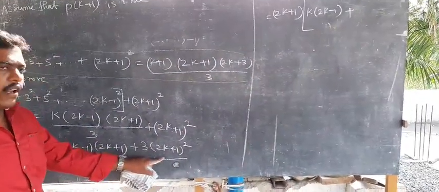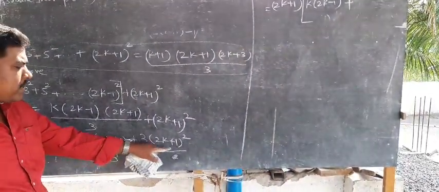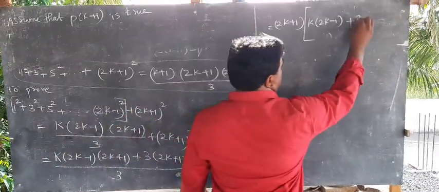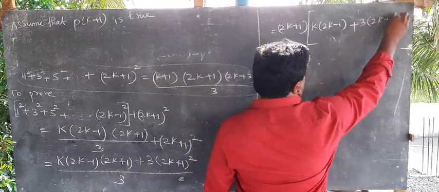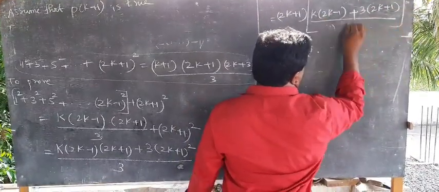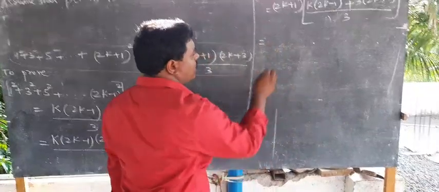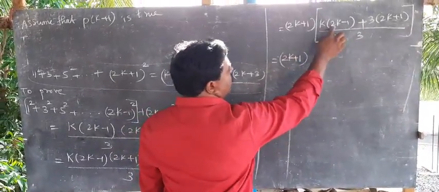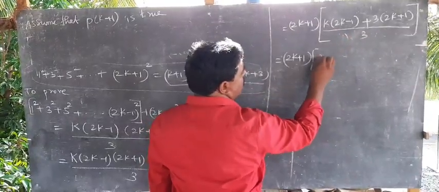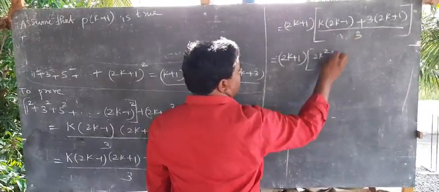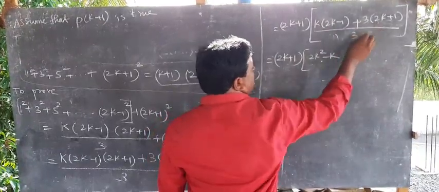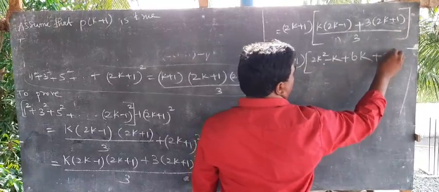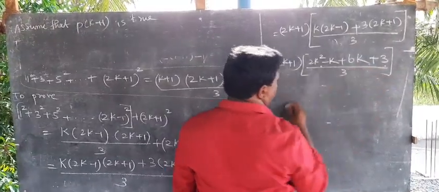Three into, we already took out 2k plus 1 as common, so the remaining term is 3 into (2k plus 1), by 3. This equals (2k plus 1) times: k into 2k is 2k square, k into minus 1 is minus k, 3 into 2k is 6k, 3 into 1 is 3, by 3.